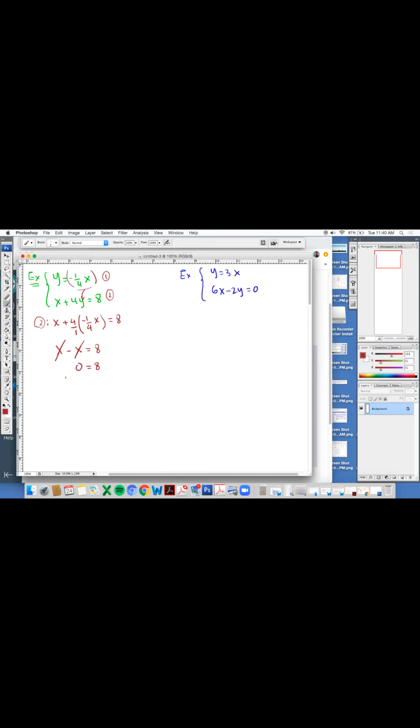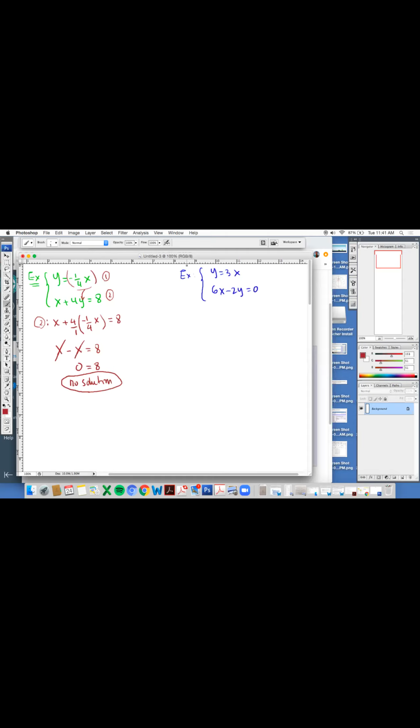It's no solution, that's right. No solution. And you stop, you're done, because you can't find the x, you can't find the y, it's no solution. If you were to graph these lines, they would be parallel, they wouldn't be crossing. Any questions with that one?